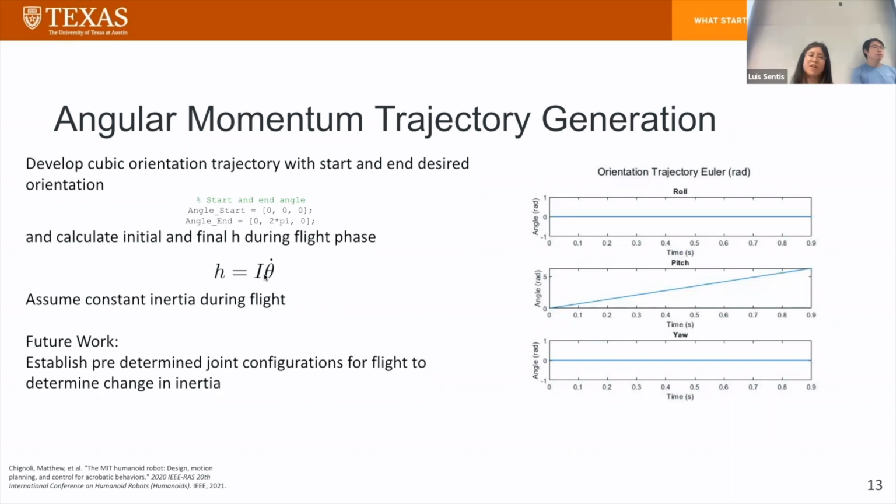For our implementation, we assumed constant inertia. So that's obviously not feasible for a really good backflip. Our future work includes calculating inertia for different configurations that are not just standing high and standing low.